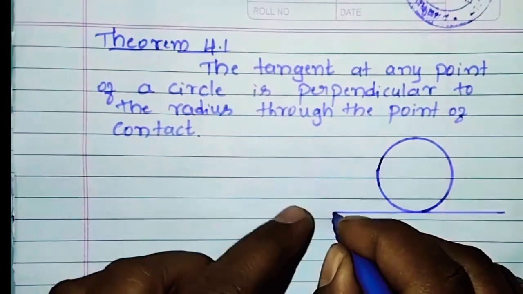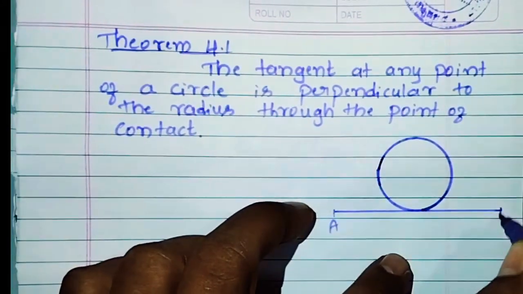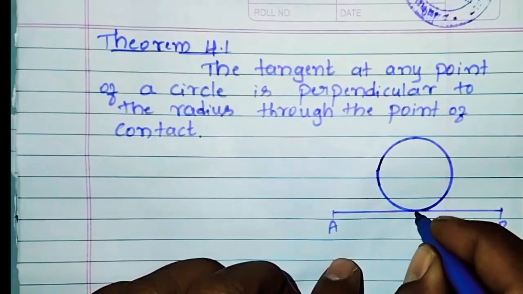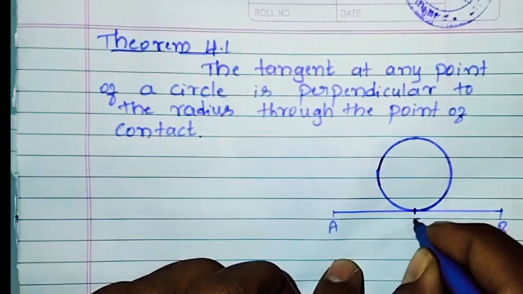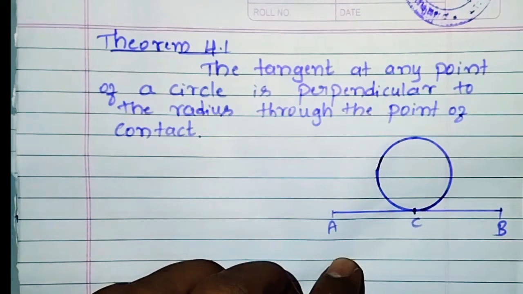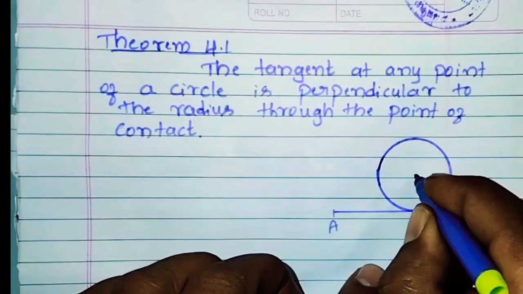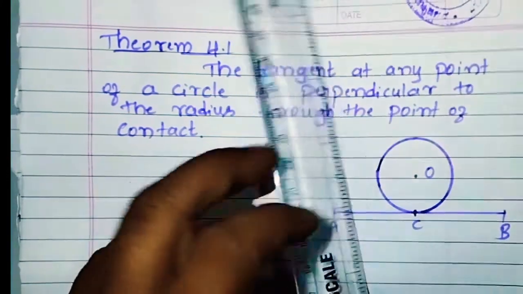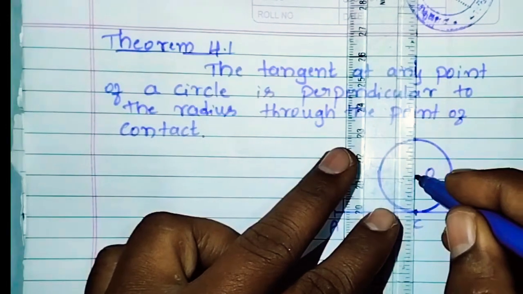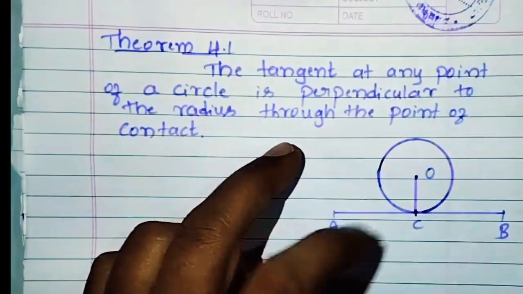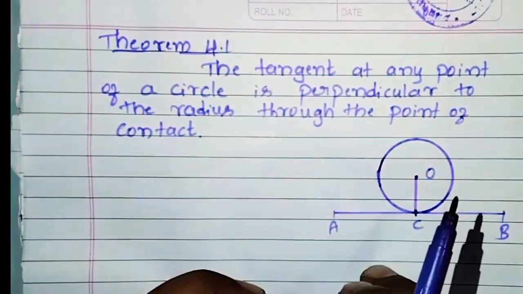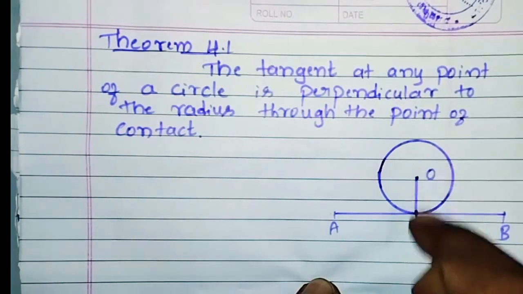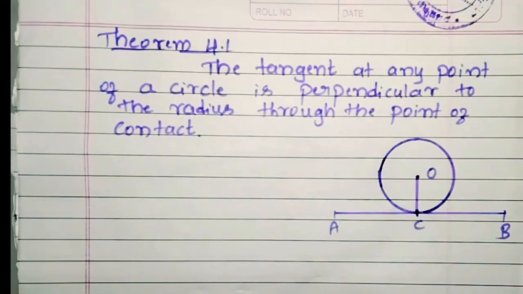I will name this A and this B. AB is the tangent. This point I will name C. C is called the point of contact, and O is called the center of the circle. Then join O to C. This is called the radius. OC is the radius, and AB is perpendicular to OC. So this is the figure.